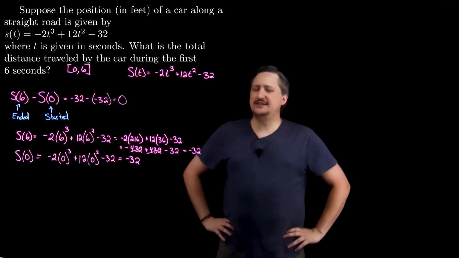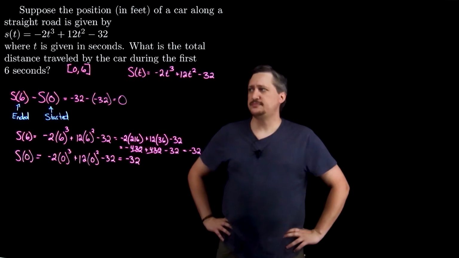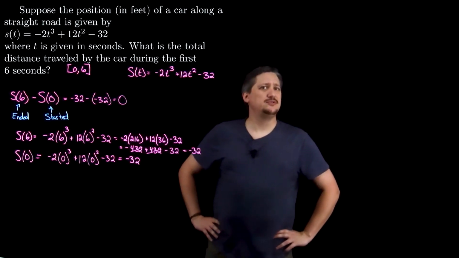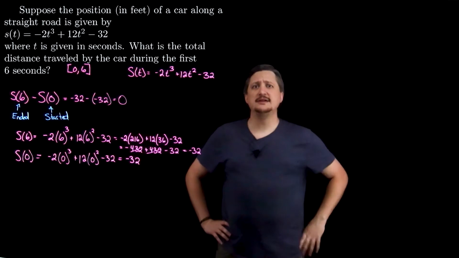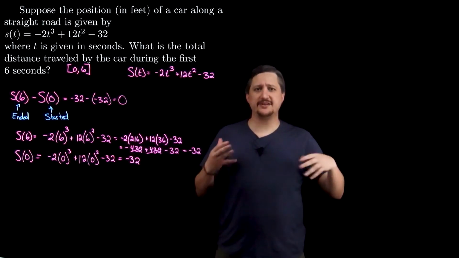Well, what's different about changing directions, right? If I'm going forward for a while versus going backward for a while, what's the difference? Well, my velocity has to change, right? My acceleration may not change. So for example, think of throwing a ball in the air. That acceleration is constant.